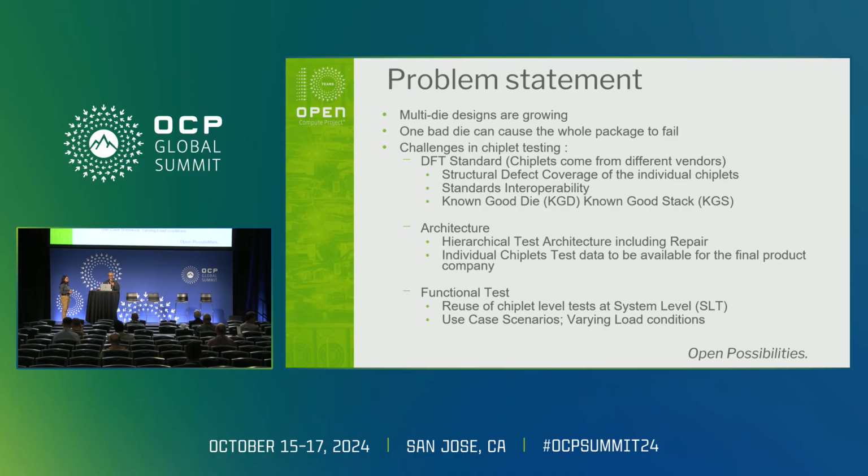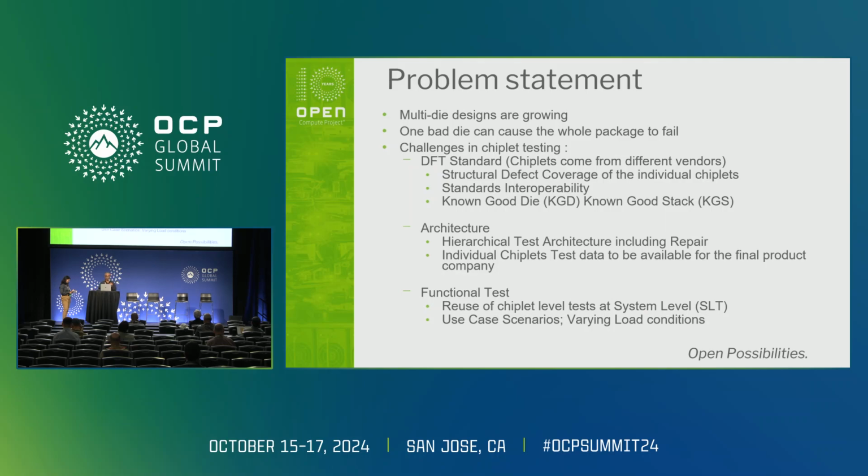And thirdly, chiplet level test, both structural and, at this time, we are also going for functional test. They are used for guaranteeing that the interconnections between the chiplets are good after the assembly, and they can be repaired too.